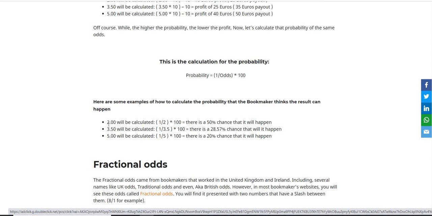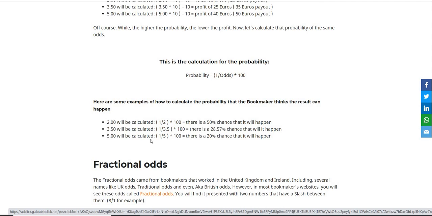Now, if the odds are 2.00, it means 1 divided by 2 multiplied by 100, so they think there is a 50% chance that it's going to happen. For 3.50, it's 28.57, and for 5, it's a 20% chance that this bet can happen.